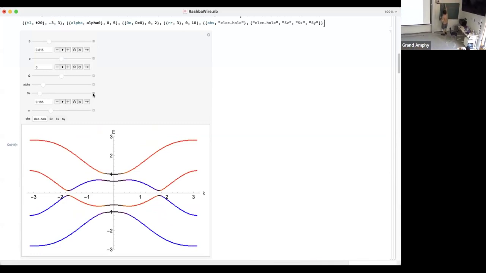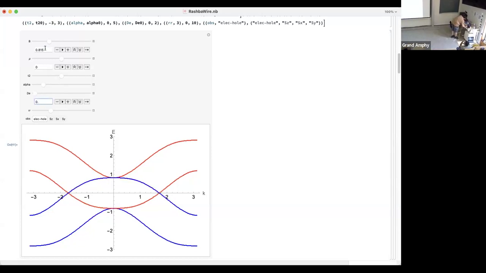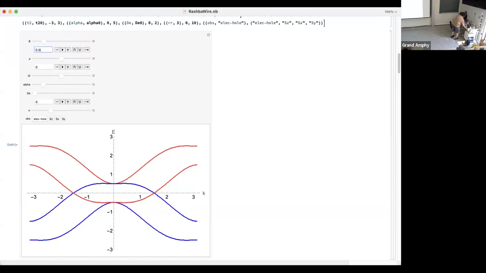The criterion is that the square root of mu squared plus delta squared equals B. So we can check that if mu is 0, as it is, then just B equals delta. So let me put delta 0.5, and let me put B 0.5. Like that. So that's exactly where we were.